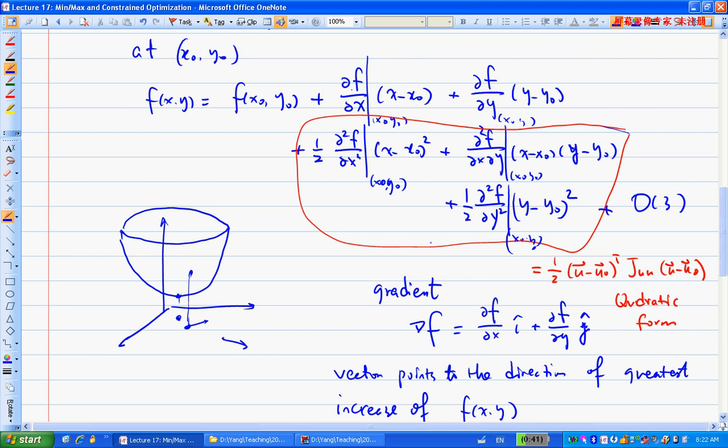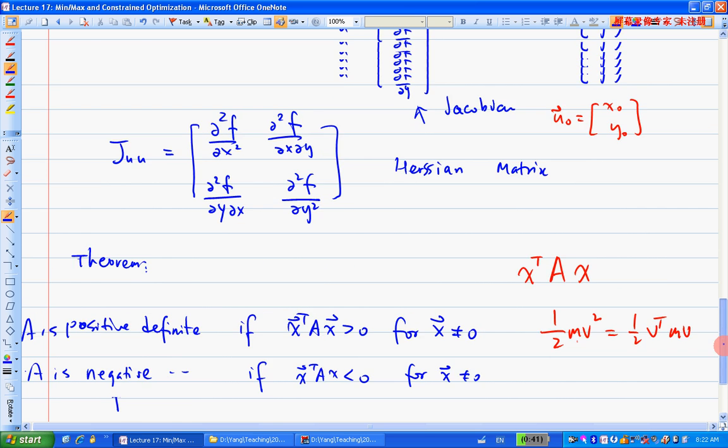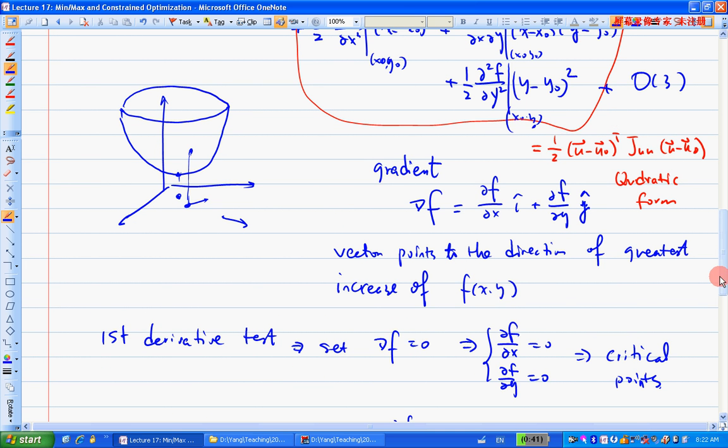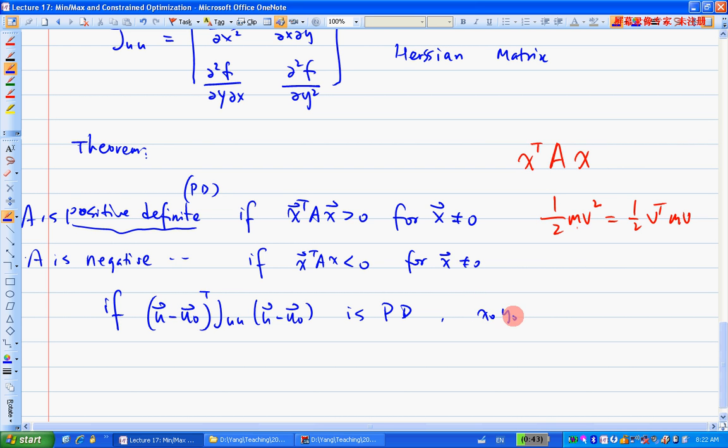It's a min point, right? Yeah. So basically, if this term here is positive definite, then (x0, y0) is a min point.